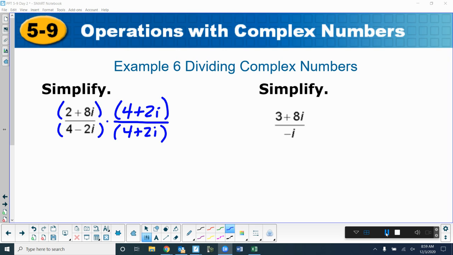Look at the squares. It's 16 minus 8, which is 8. I changed my foil. So it's first, outside, inside, last.